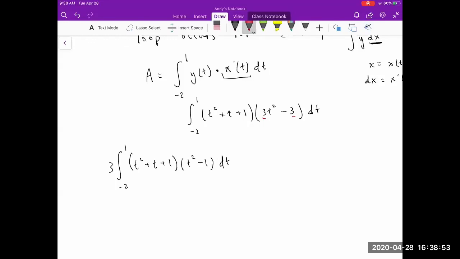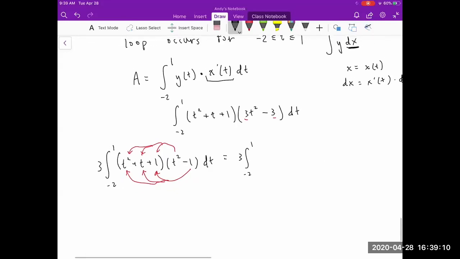So I'll distribute t squared into each of these first, and then I'll distribute -1 into each of these second. So let's see if we can follow, okay? So we get 3 outside of the integral, -2 to 1 of. So t squared multiplied to everything just adds 2 to each power.